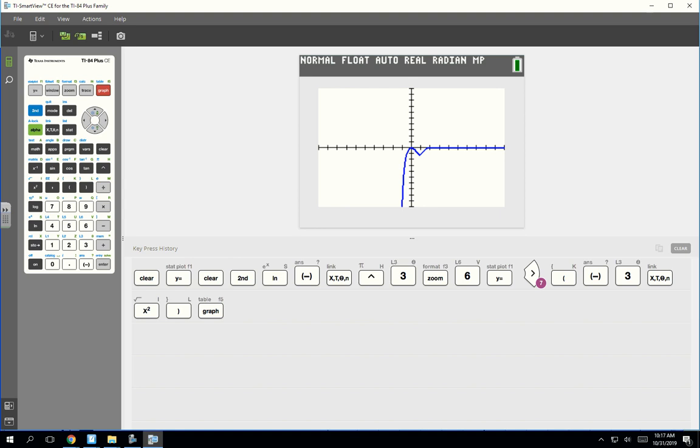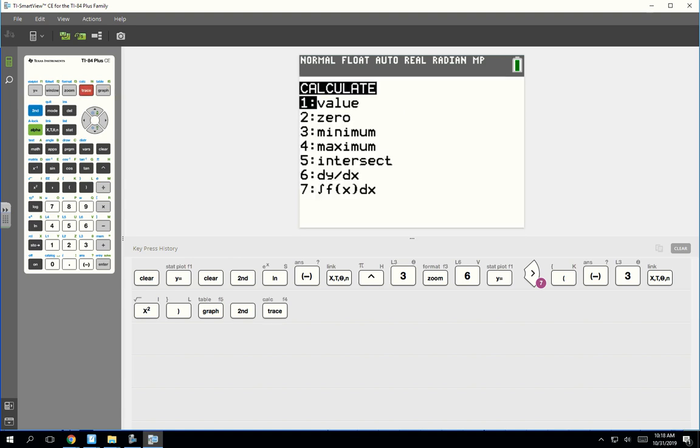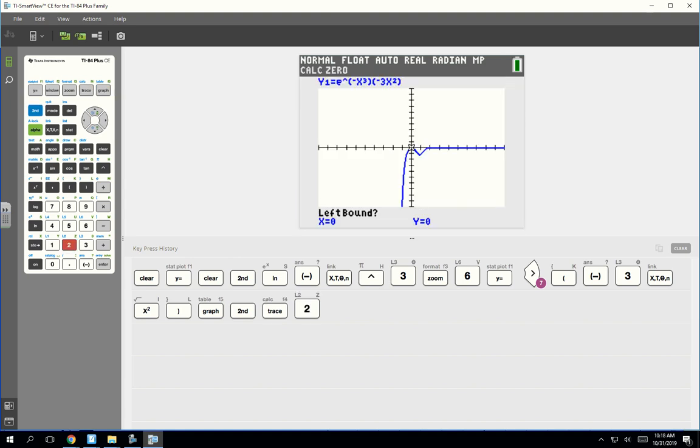And we're looking to see where the derivative is 0. Looks like it's 0 right here. What do you think is happening up here? Perhaps, as x gets really big. By the way, here's how we did this last year. Second, calculate number 2, the 0, left bound. You guys remember doing this?